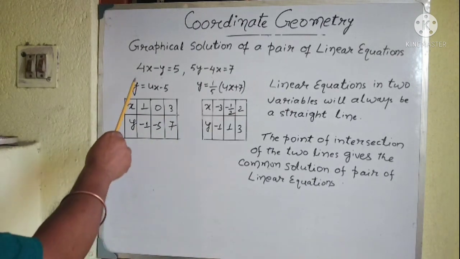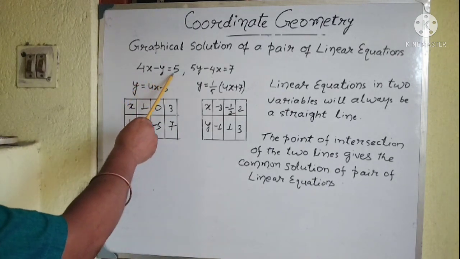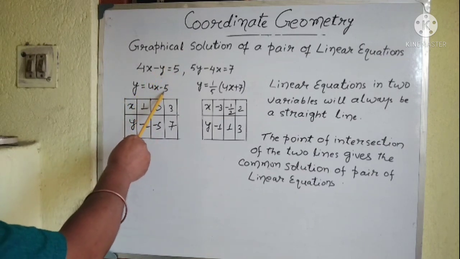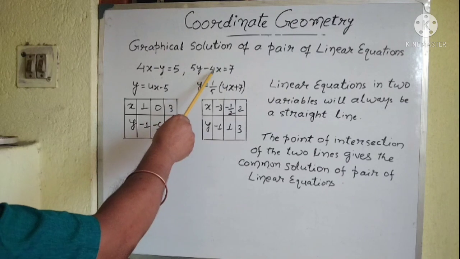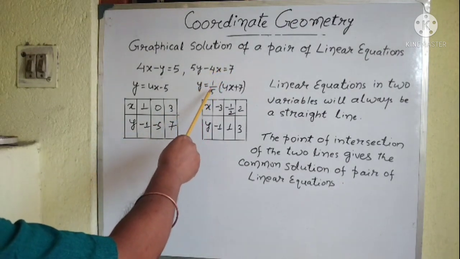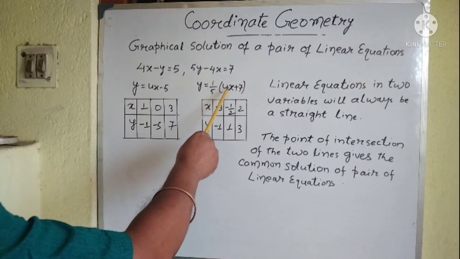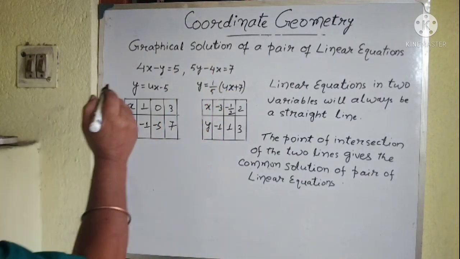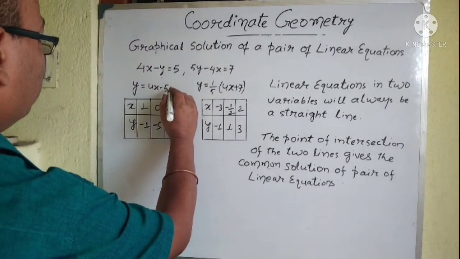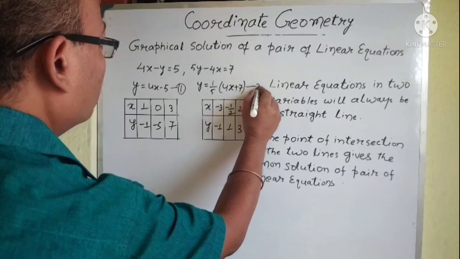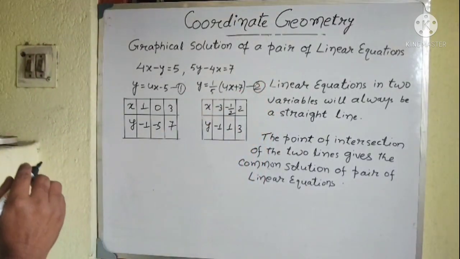Now 4x minus y is equal to 5, so write it like this, y is equal to 4x minus 5, and 5y minus 4x equal to 7. So y will be equal to 1 by 5 into (4x plus 7). Now make this equation 1 and this one equation 2.